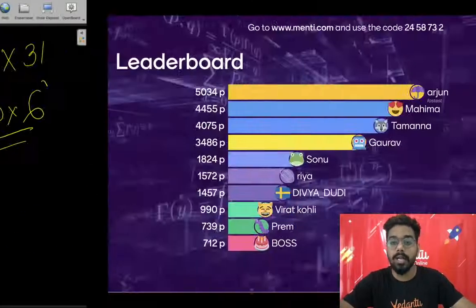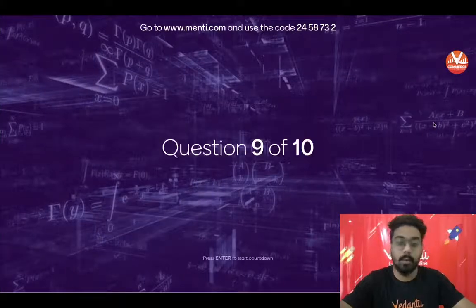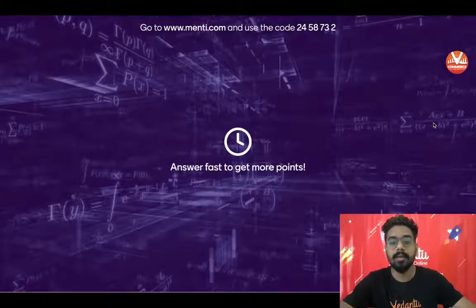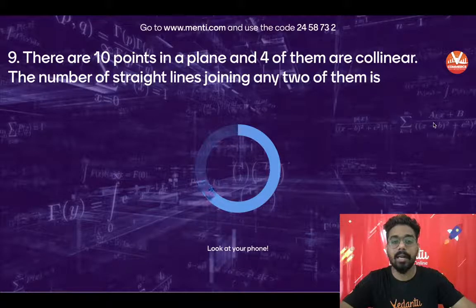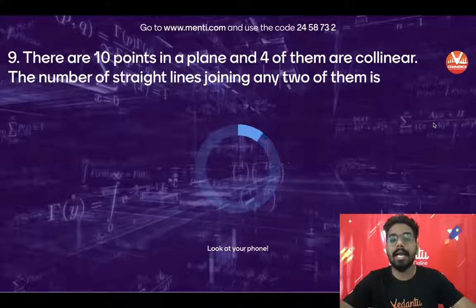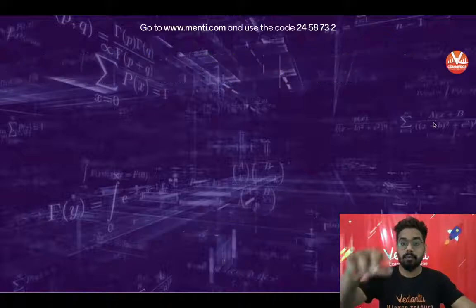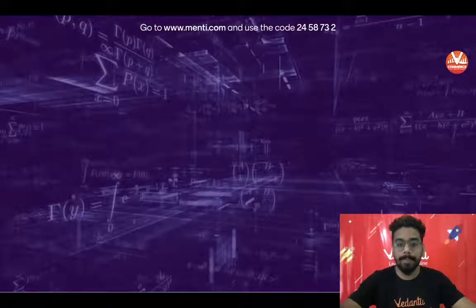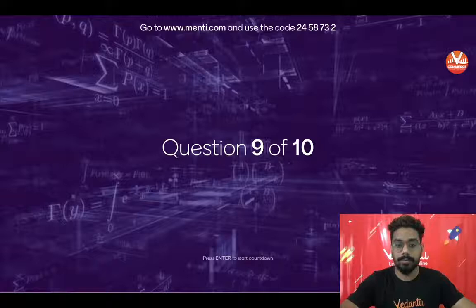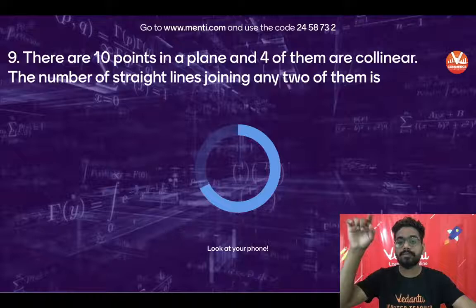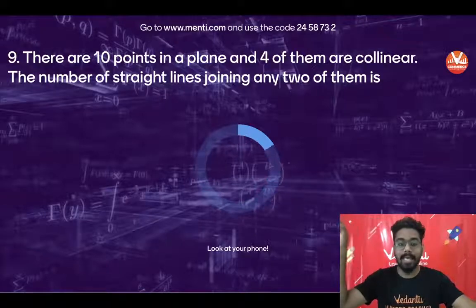So now let's move on to question number 9. Let's see how many people will get this question right. On your screen, question number 9. There are 10 points in a plane and 4 of them are collinear, means all these 4 points are on the same line.